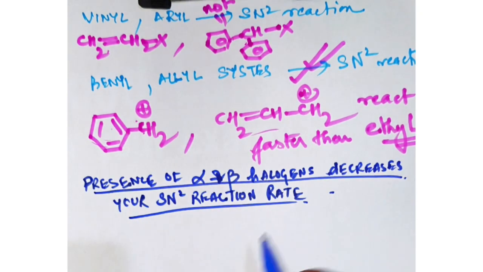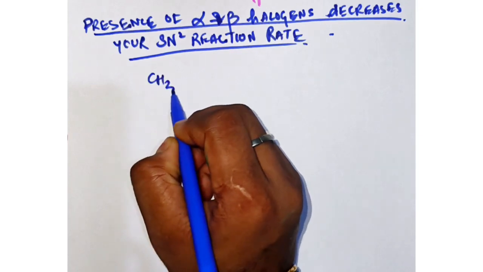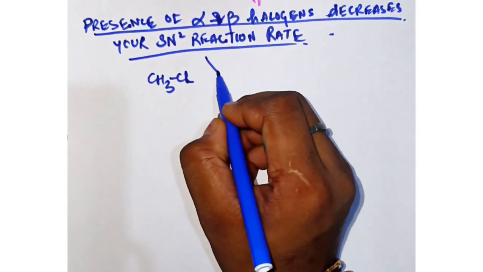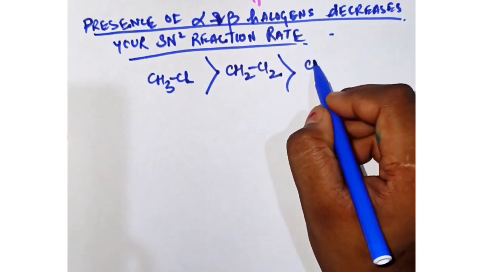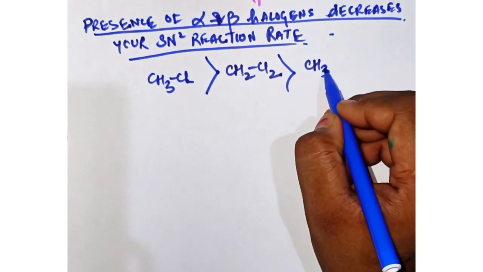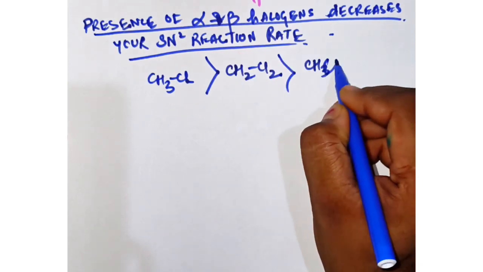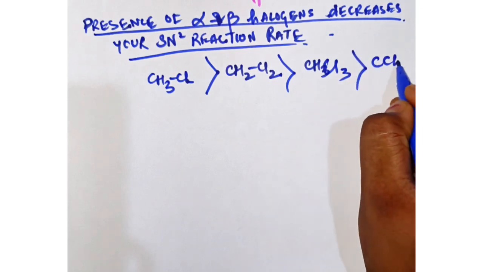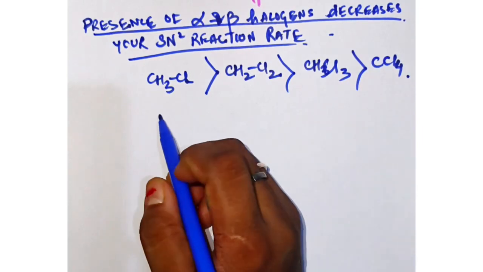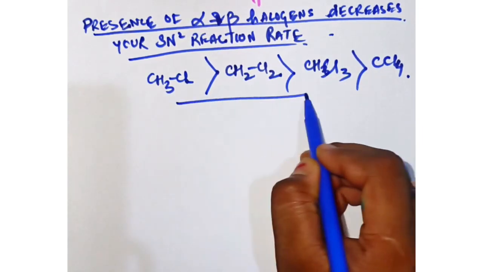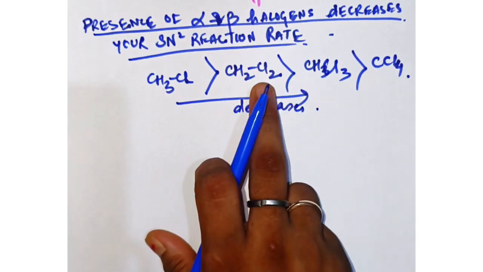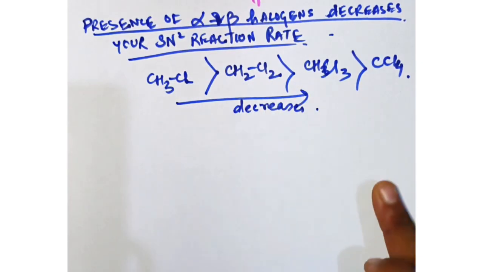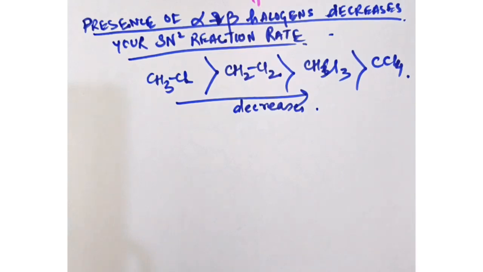Example, CH3Cl, then you have CH2Cl2, CHCl3, and then you have CCl4. So the SN2 reaction rate decreases in this order. That means as you add more alpha and beta halogens, there is a decrease.